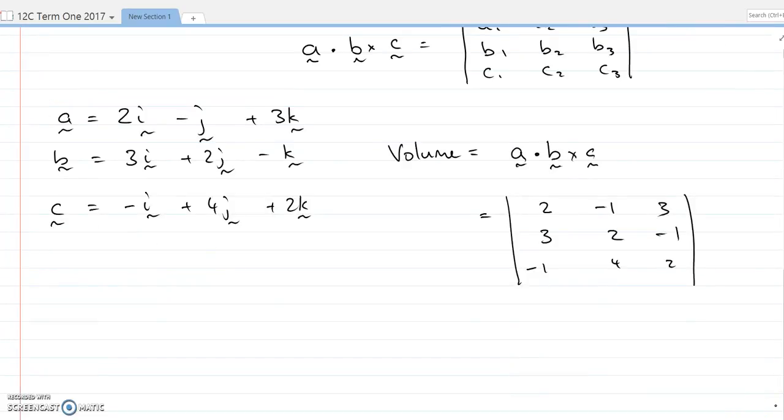It's just a simple determinant, which, let me just do it, if you remember the way I showed you last year. My little trick that I like to do is just add on the first 2 rows and do this.